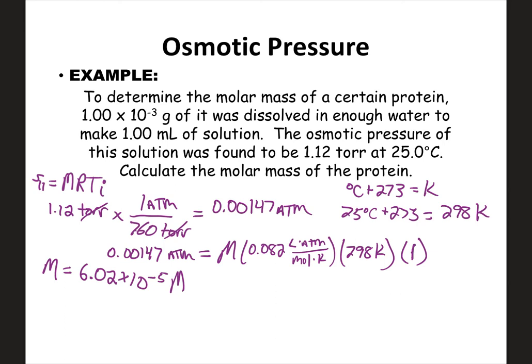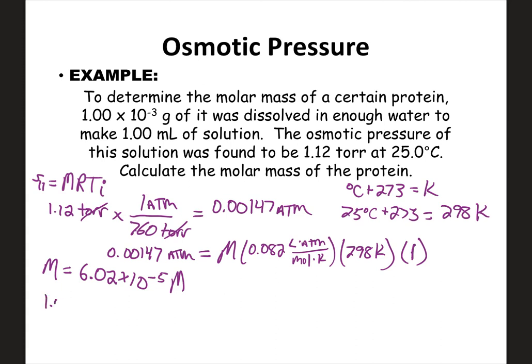All right, so remember, we have to do grams per mole here to get the molar mass. We have the grams of the protein. We need to get to the moles of the protein. Well, the only thing I know here is that I made 1 milliliter of solution. So I can use that along with the molarity to get to the moles.